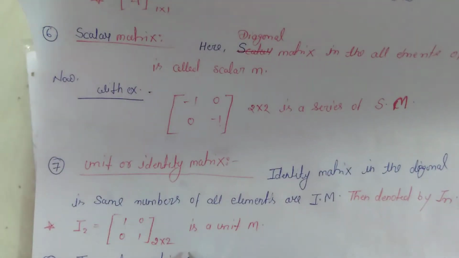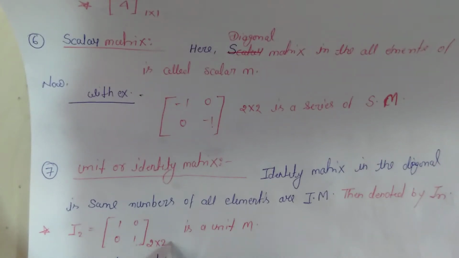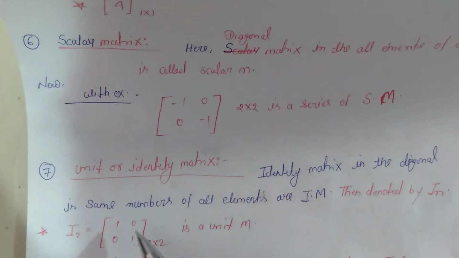Unit means 1, so the diagonal elements are 1, 1, 1 and all other elements are 0. A 2 cross 2 matrix like this is a unit matrix, and likewise 3 cross 3 and 4 cross 4 unit or identity matrices.